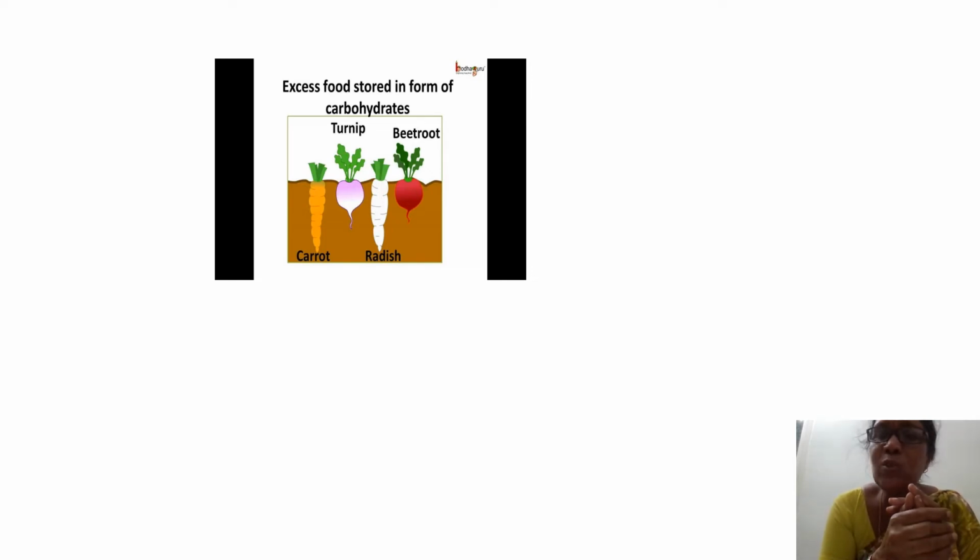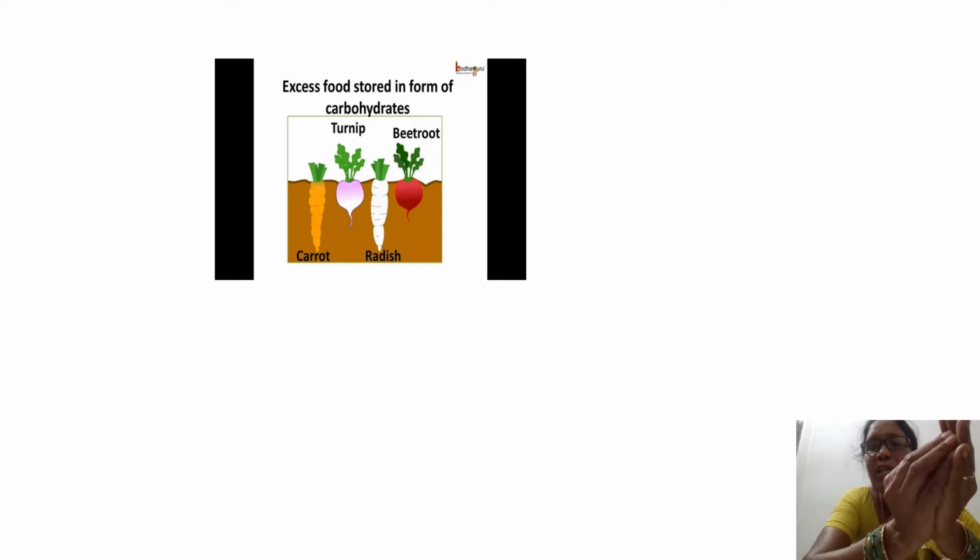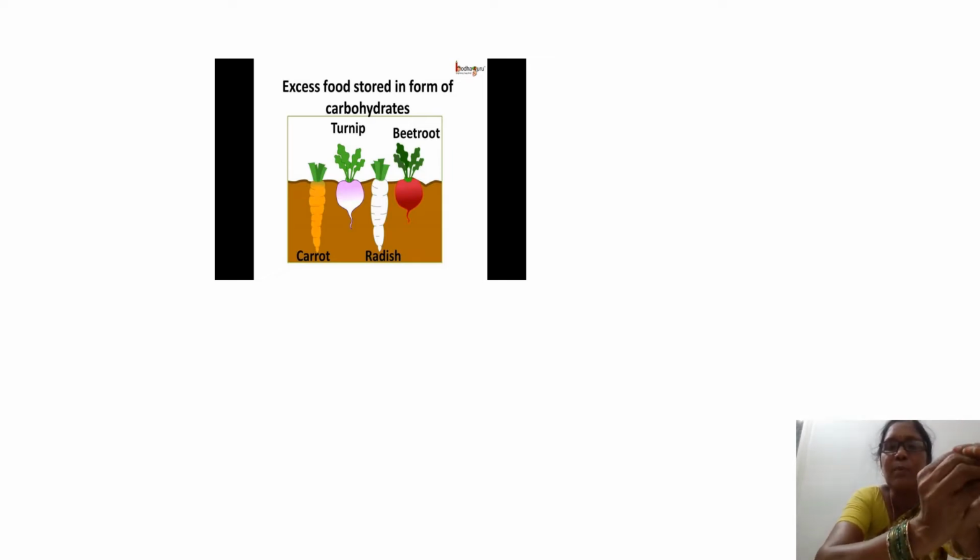What do we make with beetroot? Beetroot halwa, tasty halwa. Look at beetroot. It's storing food and swollen, bulged. Beetroot is sweet. We make halwa with beetroot.